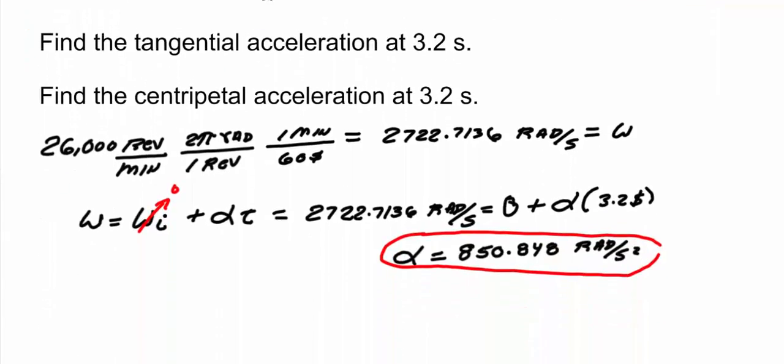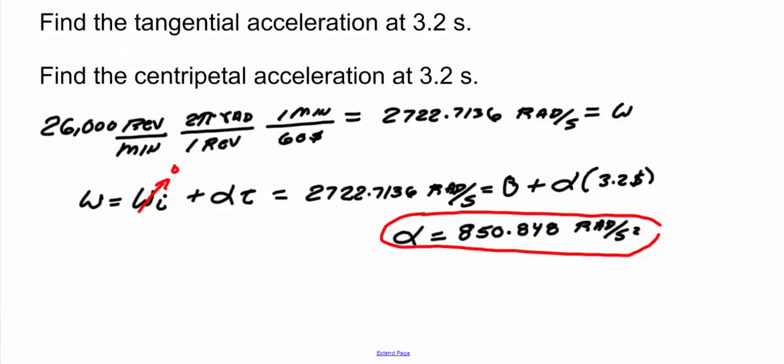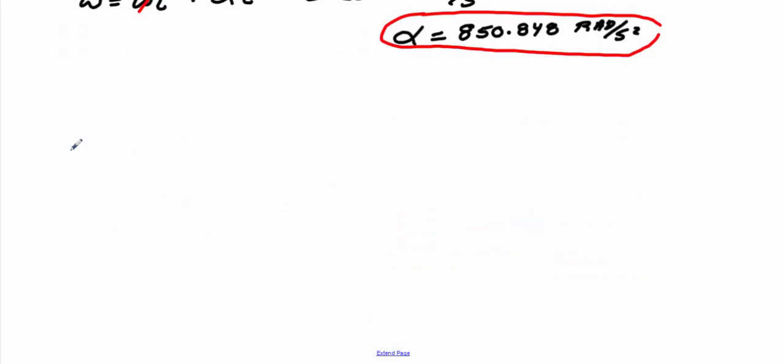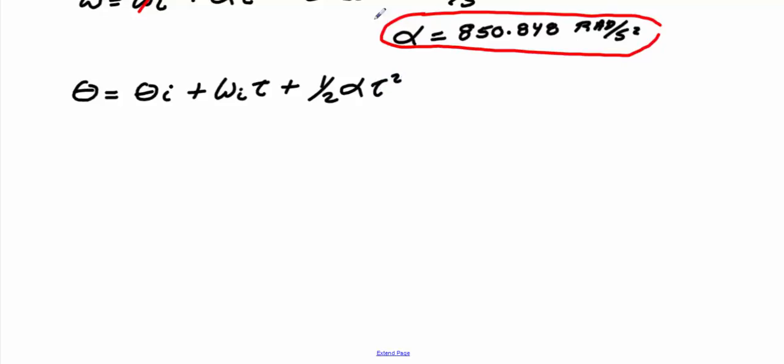We will go back again to our rotational kinematic equation. I'll extend this down just a little bit. We'll go back to the one that says our angular position is going to equal our initial angular position plus our initial angular velocity times t plus 1/2 times our angular acceleration times t squared.